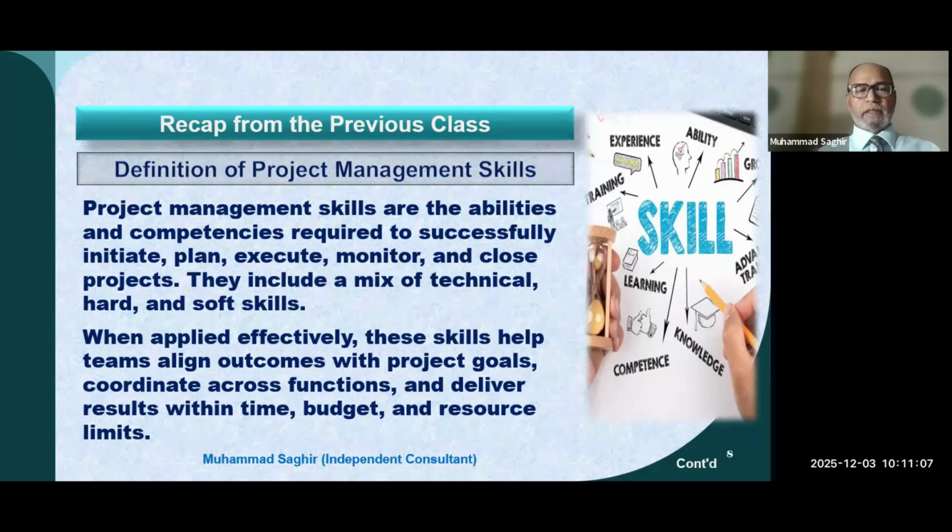When we apply these skills effectively, these skills help teams align outcomes with project goals, coordinate across functions, and deliver results within time, factor, and budget. You always have limited resources, limited budget, and within that, once you have the skills, you are able to manage your responsibilities and your projects.